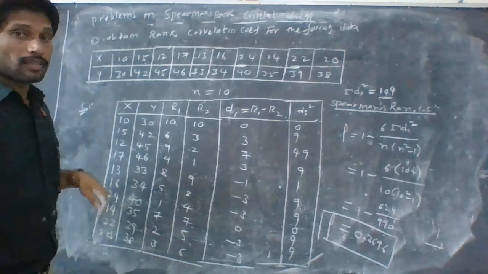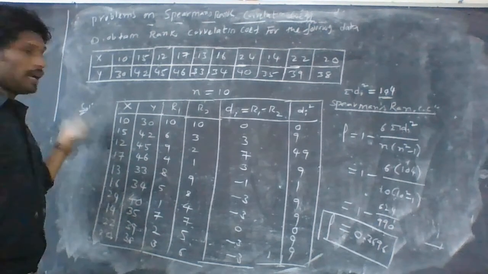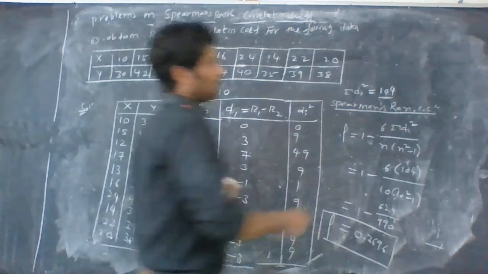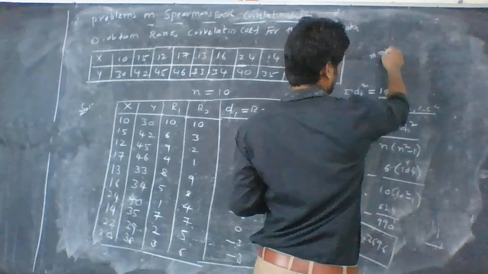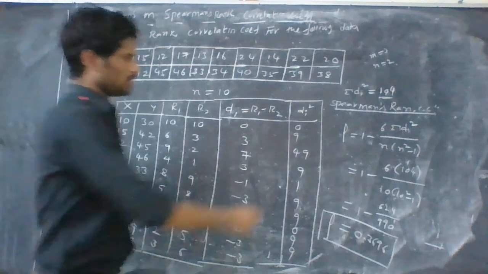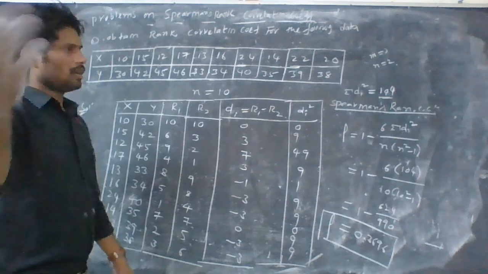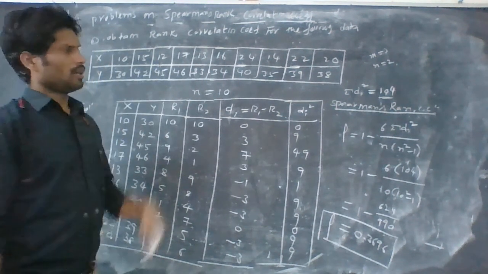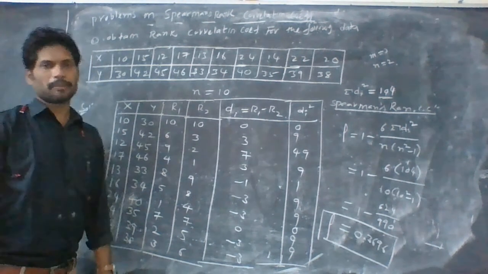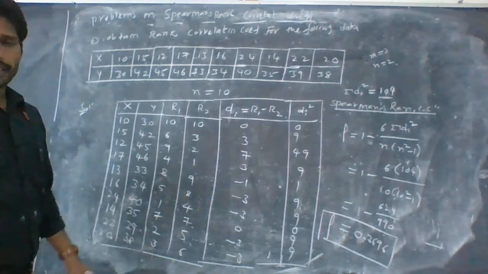When ranks are repeated, for example if a value repeats 2 or 3 times, with m equal to 3 times and n equal to 2 times, we get another formula. We will cover that in the next class. This is the way of obtaining the rank correlation coefficient for the given data.